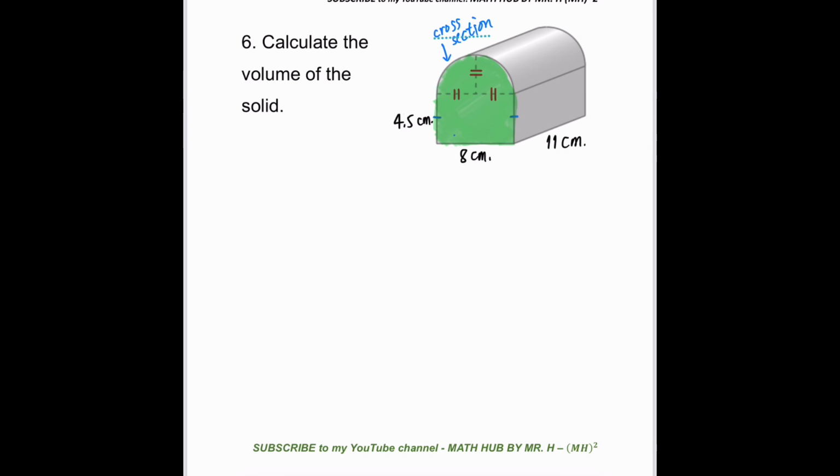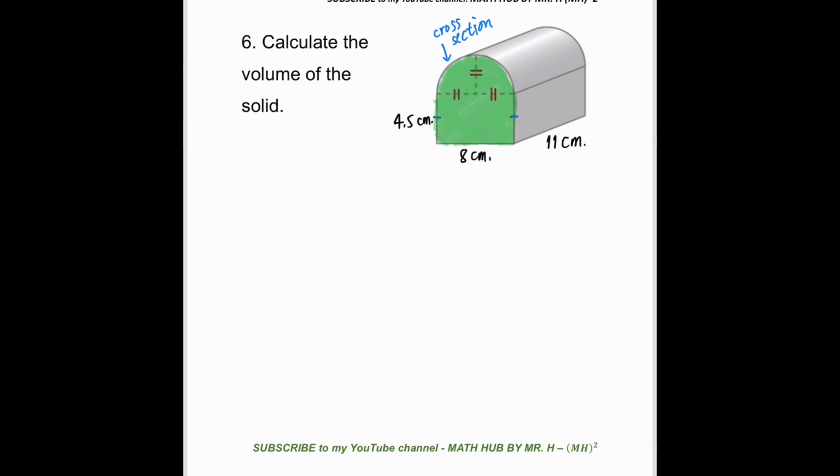So the area of the cross section will have the area of the rectangle plus the area of the semicircle, multiplied by the length, which is 11, and that will be the volume of this whole solid.